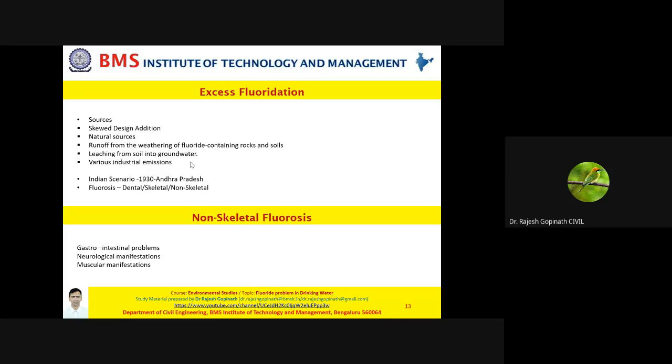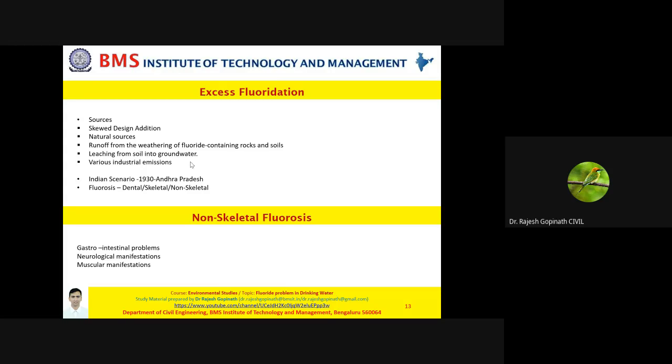We need to make sure that the body always has, or your drinking water has, or any supplement for that matter, at least fluoride presence between 0.75 ppm to 1.5 ppm. Now if the fluoride presence is more than 1.5 ppm and up to 2 ppm, then there is a disease which is called dental fluorosis.